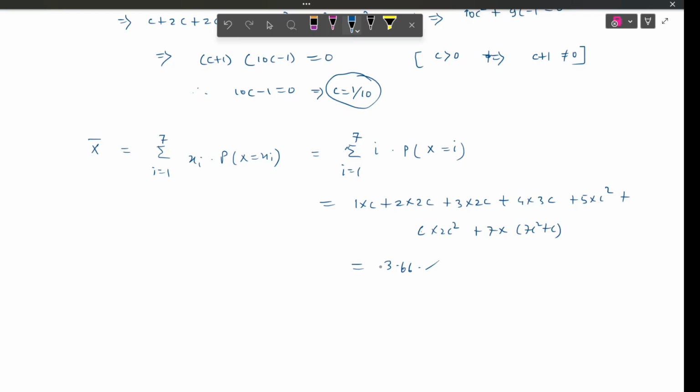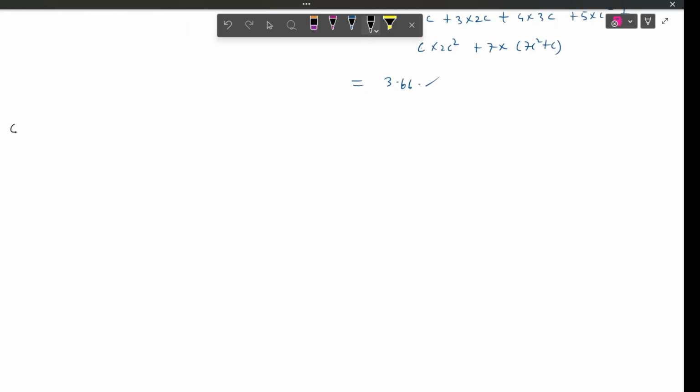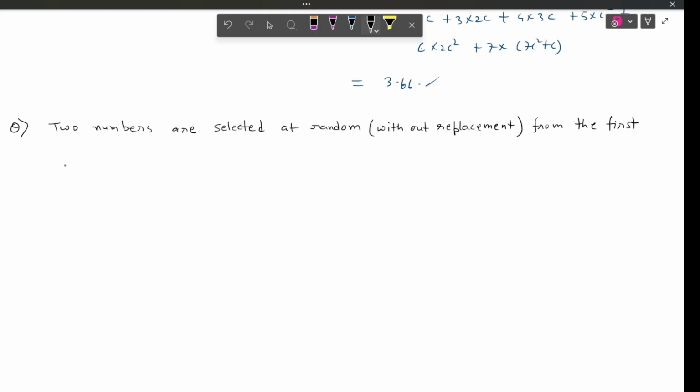Now, let us see another question. The question is, two numbers are selected at random without replacement from the first 6 positive integers.